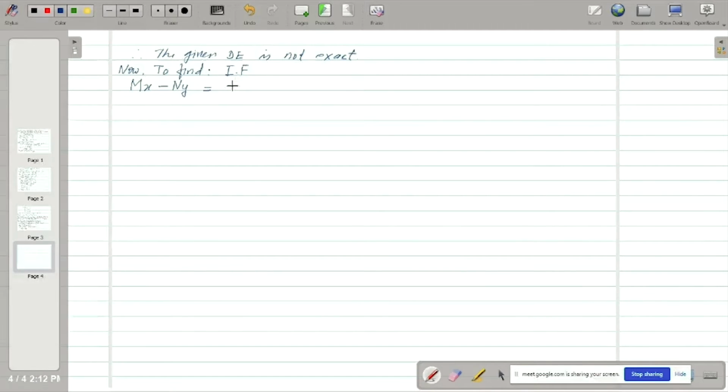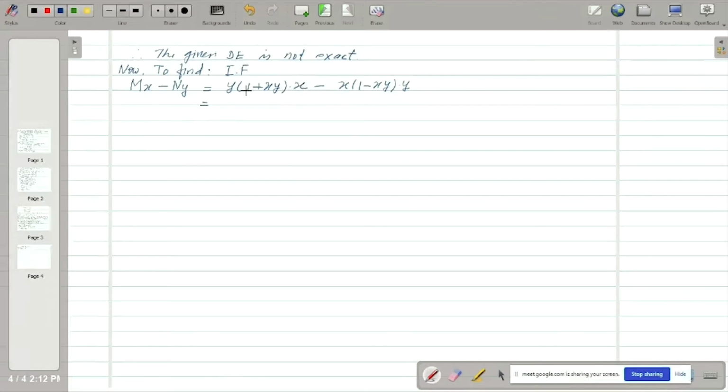M is y(1 + xy), into x, minus N. N is x(1 - xy), into y. Just simplify this.